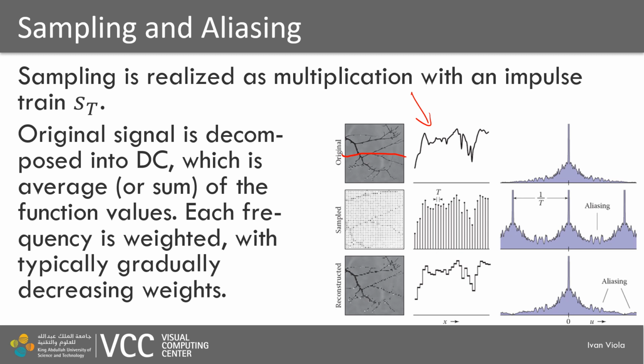This signal can be transformed with a Fourier representation into this representation, where we can see that there is some direct current component, which is the average value, and then there are other frequencies represented with lower and lower magnitudes. These result in a symmetric spectrum because our function is real valued at the input.